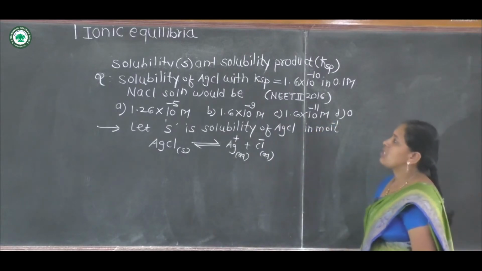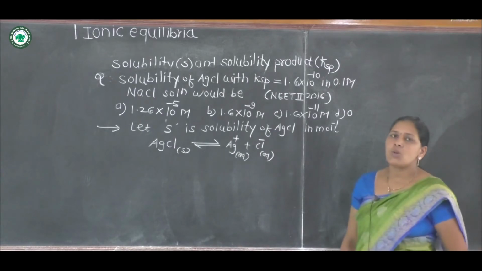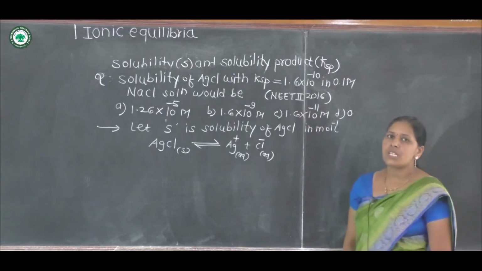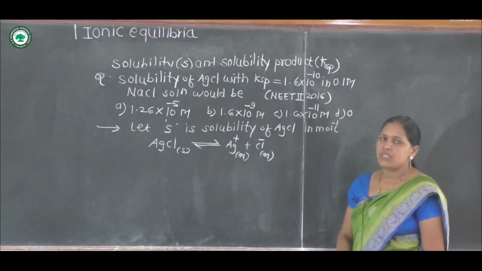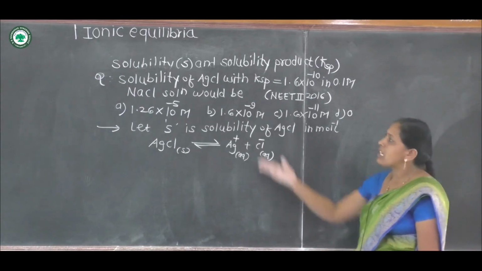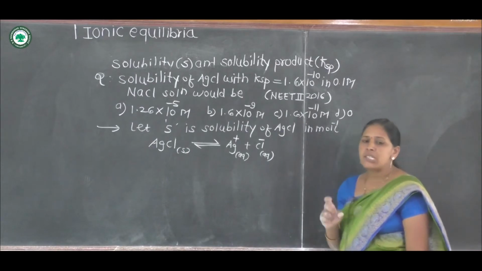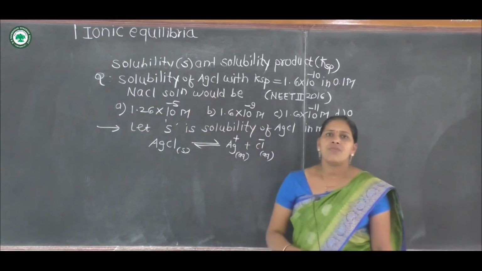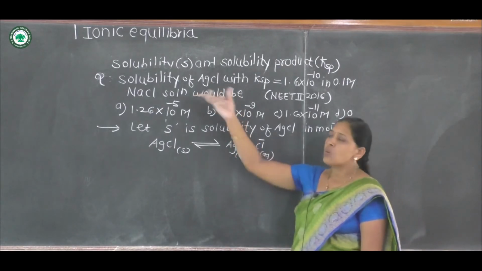What is the question? Solubility of AgCl, silver chloride, with solubility product 1.6 into 10 raised to minus 10 in 0.1 molar NaCl solution. That means in this solution one more solution is present, that is 0.1 molar NaCl solution. And what is similar between silver chloride and NaCl? Which ion is similar in these two solutions?